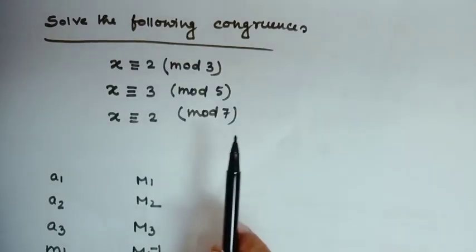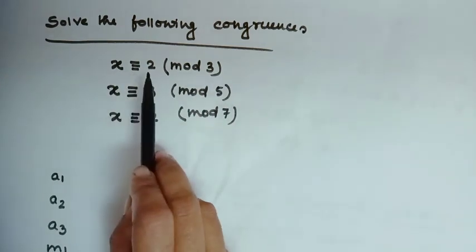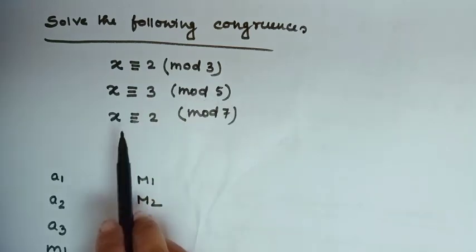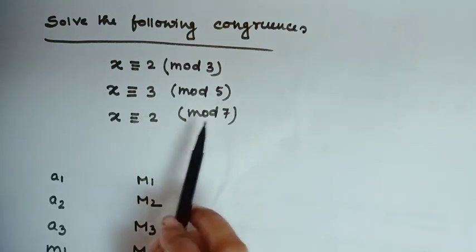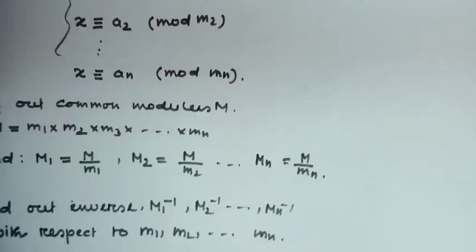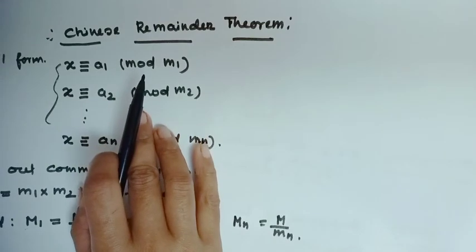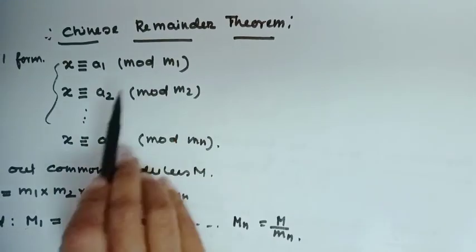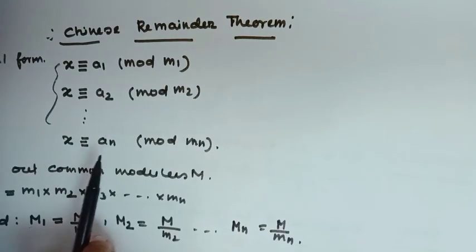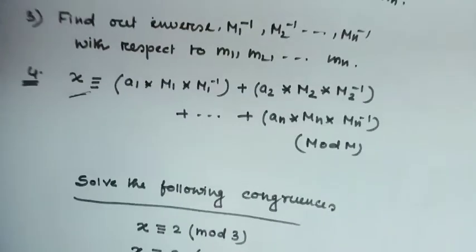Okay, let's see one example. Solve the following congruences: x congruent to 2 modulo 3, x congruent to 3 modulo 5, x congruent to 2 modulo 7. First compare with the general form: x congruent to a1 modulo m1, x congruent to a2 modulo m2, x congruent to an modulo mn.